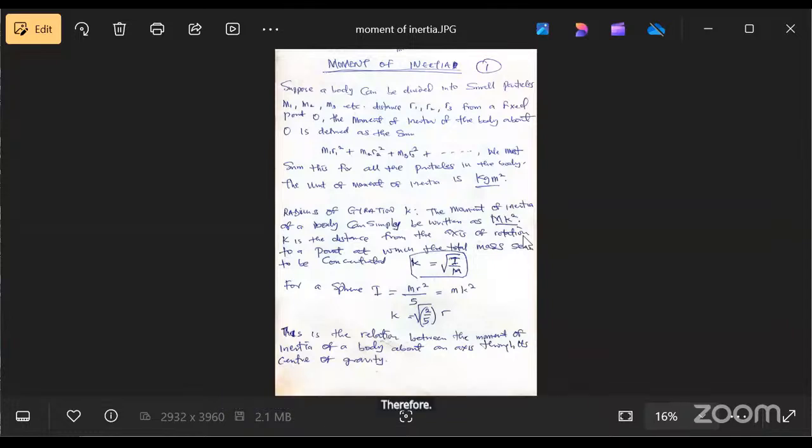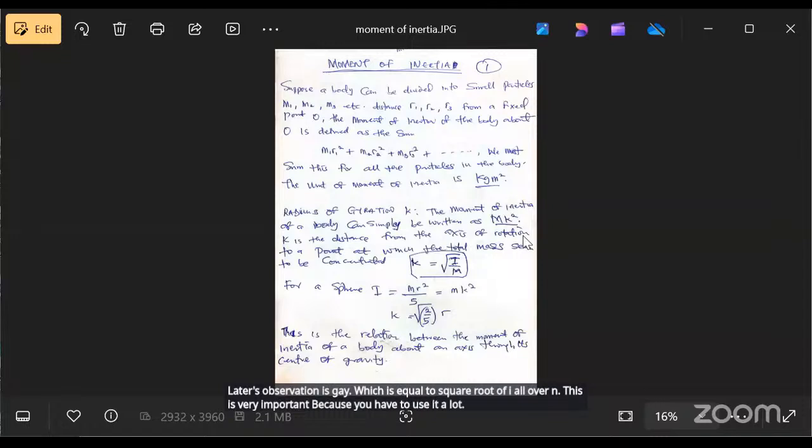Therefore, we can now make K the subject of formula to get the relationship between radius of gyration and moment of inertia. If you make K the subject of formula, you have K equal to the square root of I all over M, where capital I is the moment of inertia, and M is the mass. So you have an expression for radius of gyration there. Radius of gyration is K, which is equal to the square root of I all over M. This is very important because you will have to use it a lot.